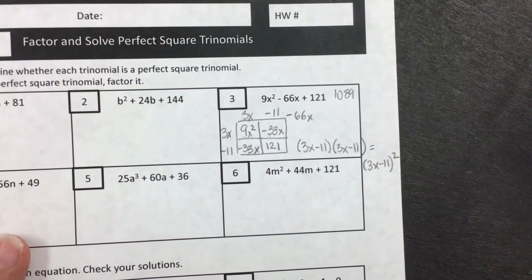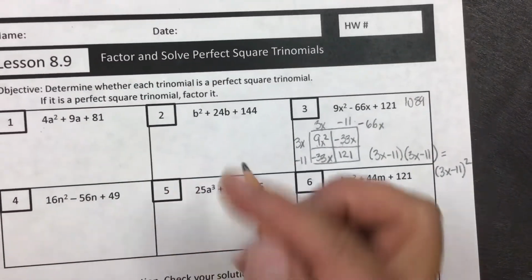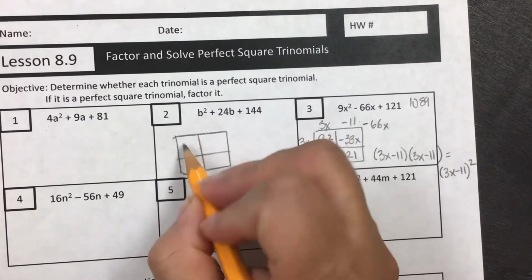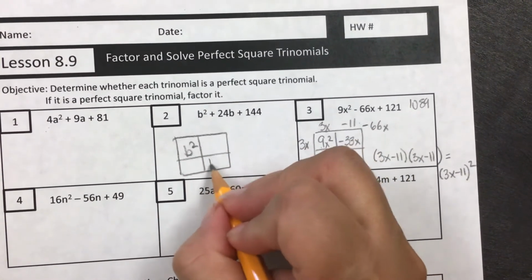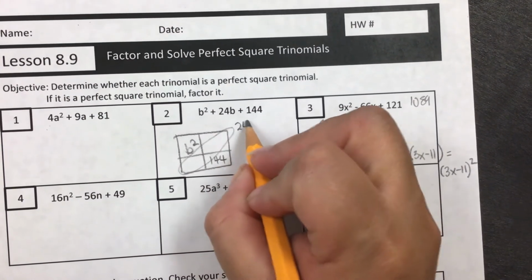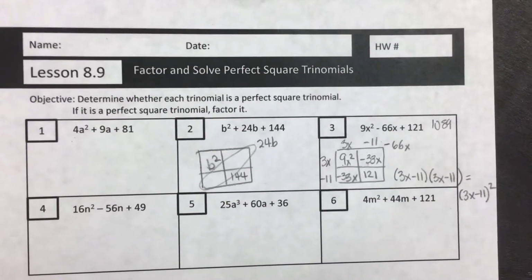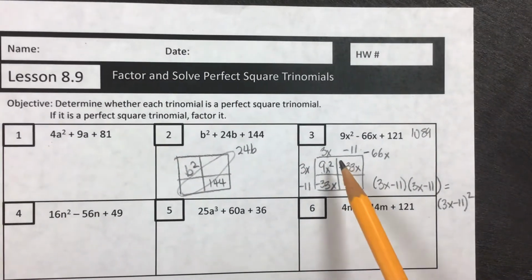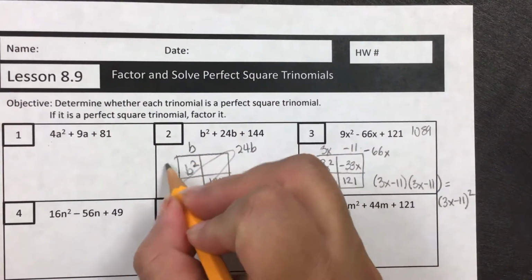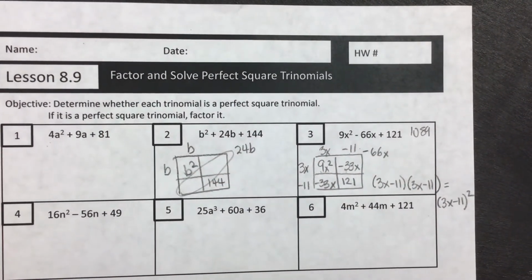Let's try it again. We're going to do number 2. We make a box. b squared and 144. We're still adding these two together, and this is 24b. I want you to notice that they're the exact same thing. So these will actually be easier if you work on the outside first.